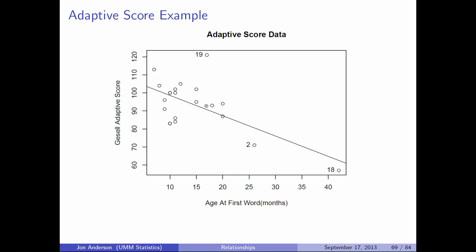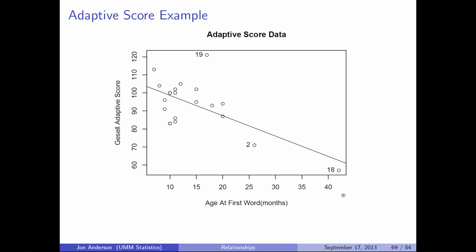The Gesell adaptive score is much higher than what we would have expected. We would have expected something about 90 from this child, and we got something about 120. So very unusual case. Child 18 took much longer to speak than anyone else and has a much lower intelligence level than anyone else. And this is an unusual case also.